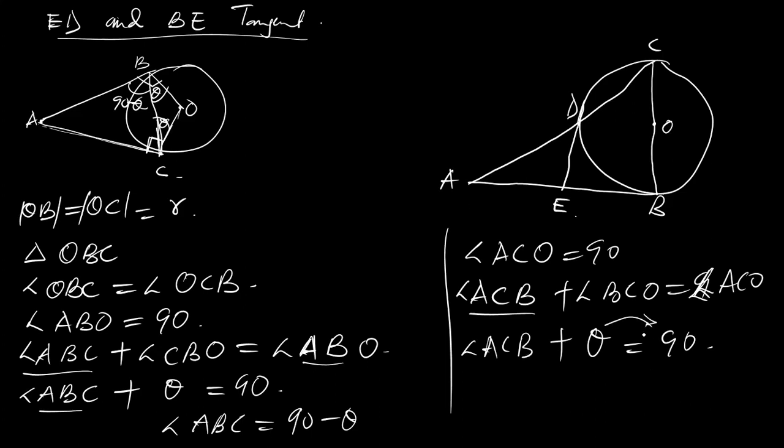So if you move this to the other side, you have angle ACB is equal to 90 minus theta.